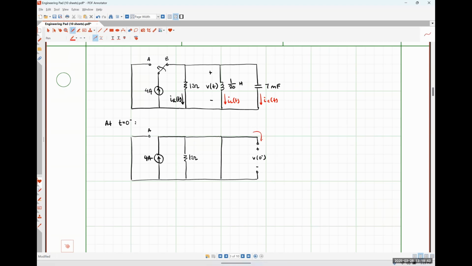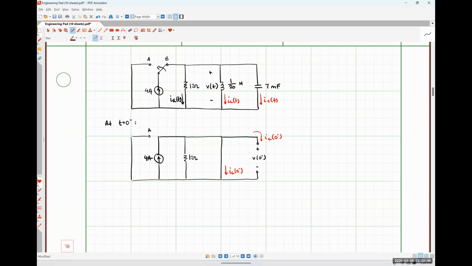This is going to be my capacitor current at 0 minus, and here's my inductor current at 0 minus. As I mentioned earlier, we're literally going to ignore voltage and current across the resistor. We're not going to bother solving for them at all because it is pointless until we're at the very end.